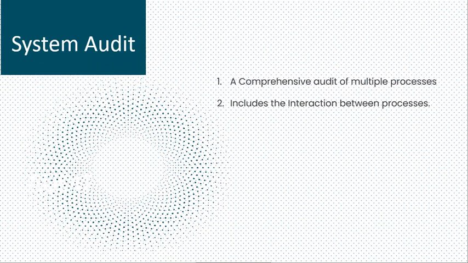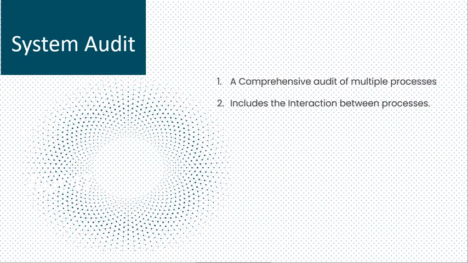But when it comes to a system audit, here you will look at a number of processes. And another important thing in the system audit is that it is not just a multiple process audit. Here you are not just auditing multiple processes, but you are auditing the interaction between those processes as well.